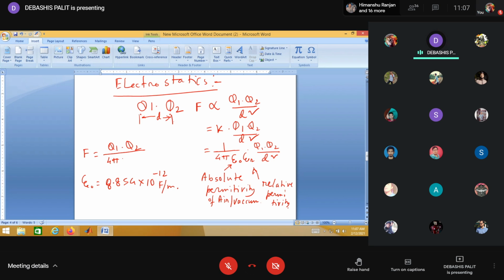If you put the value here, k is 9 into 10 to the power 9, so the force is 9 into 10 to the power 9 Q1 Q2 by epsilon r d square, if the material has relative permittivity epsilon r.